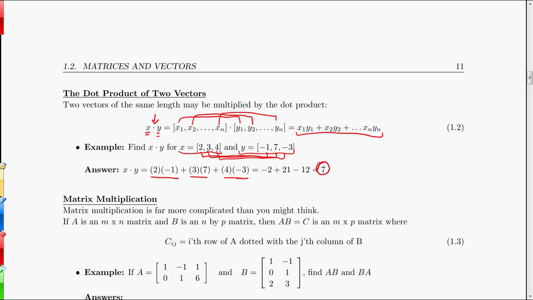Notice, this is very important. When you take the dot product of two vectors, you don't get a vector back. You actually get a number, or a scalar. It's often called the scalar product because you take two vectors and wind up with a scalar. But keep in mind, when you multiply two vectors by the dot product, you don't get a vector back.